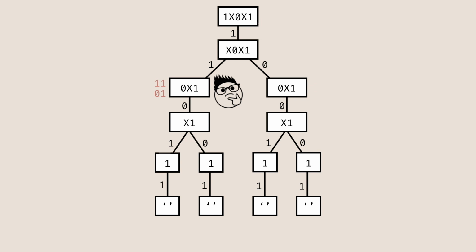And I add the 0 that was on the edge to the front of both of these, right? It's really important that I always insert the label of the edge to the front of both of my strings. So I end up with this. And again, I have some logical solutions. 0x1 can match 0, 1, 1 or 0, 0, 1. And at this point, I'll bubble up a little bit more and add a 1 to the front of all of these.